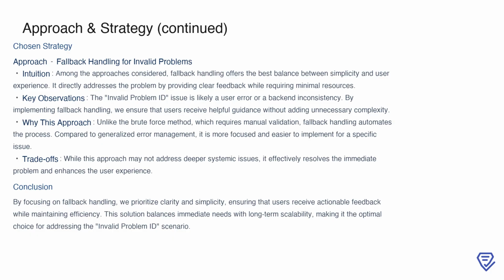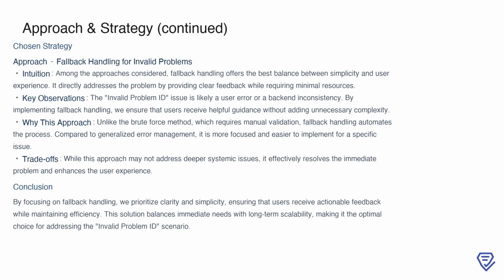This solution stands out because it automates the validation process, unlike the brute force method, which requires manual effort. Compared to generalized error management, fallback handling remains focused and is easier to implement for this specific scenario. While it does not resolve deeper systemic issues, it effectively addresses the immediate concern and ensures users receive actionable feedback.